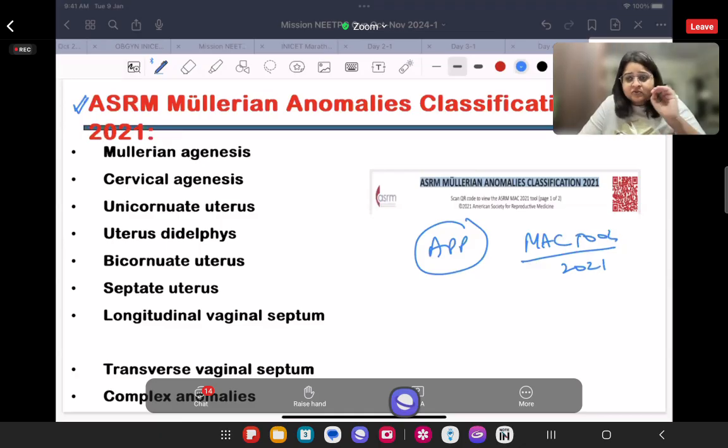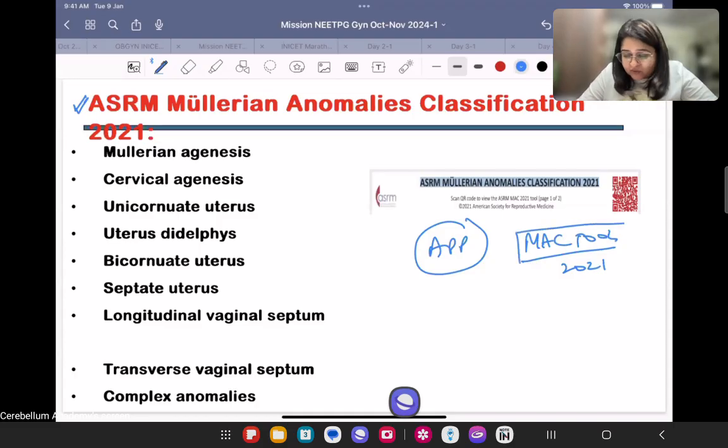If you look at this new classification, that is the MAC Tool of 2021, this is the most recent classification. But like I said, it's not a classification per se, like the earlier ones. It is a tool.